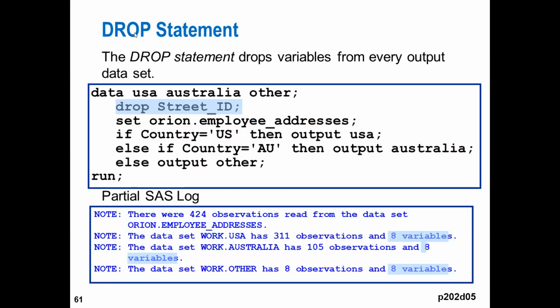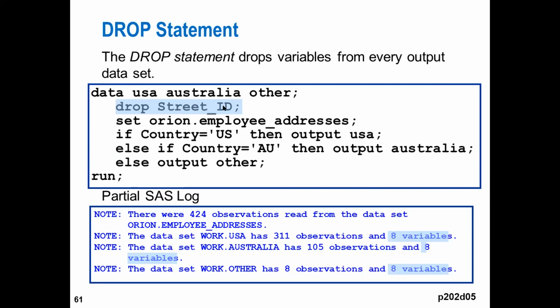So it's telling you have a drop statement. It drops variables from every output dataset. See, you are creating datasets USA, Australia, other. You are writing drop street ID. So now street ID will be there in the PDV for processing, but it will not be written to every output dataset. So see, the number of variables written to output datasets are 8.